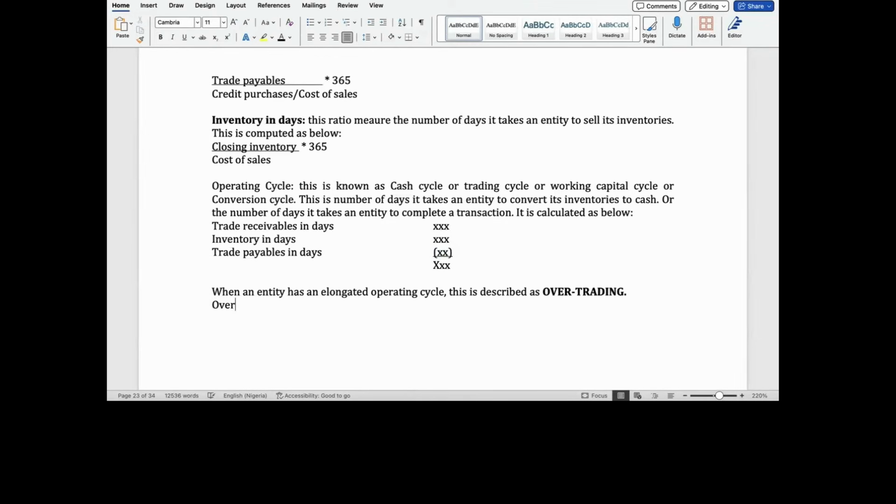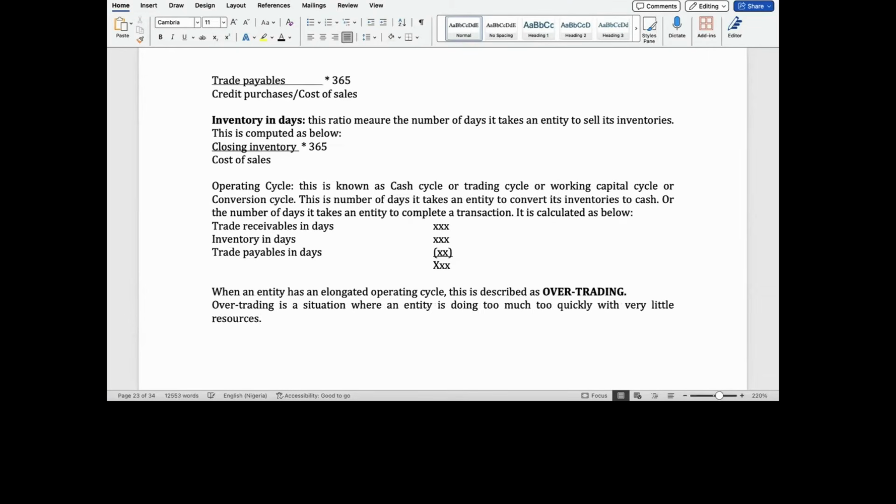See, when you say overtrading, since you guys don't know it, it's a bad situation. But let me describe it. It's a situation where an entity is doing too much, too quickly, with very little resources.